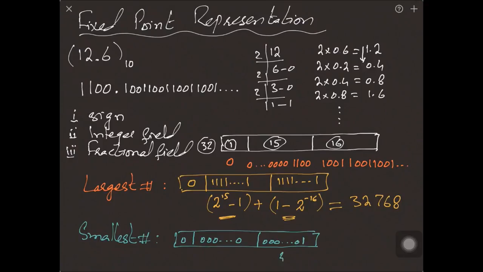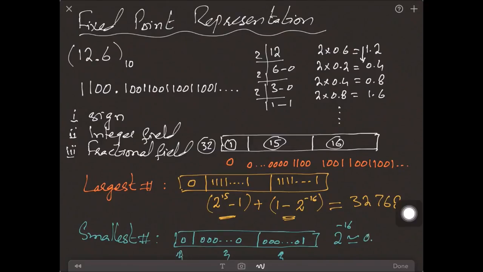So this is the fractional part, this is the integer part, and this is the sign. So this is about 2 raised to power minus 16, which comes out to be around 0.000015.